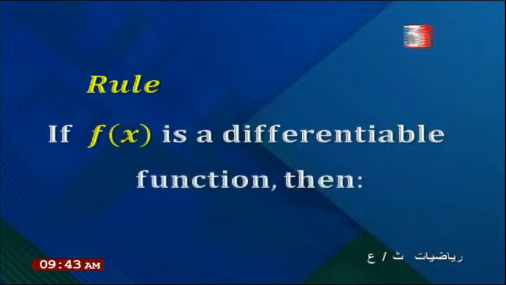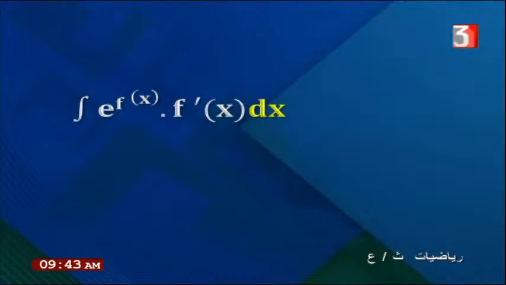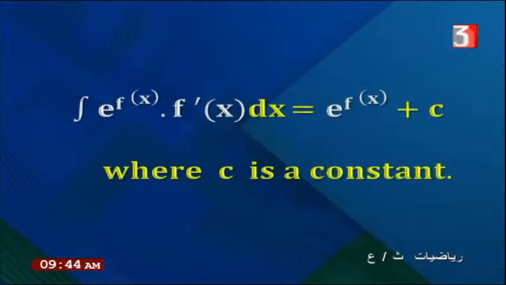Dear students, note that if the function f is a differentiable function, then the integration of e to the power f of x times f dash x dx equals e to the power f of x plus c, where c is a constant.